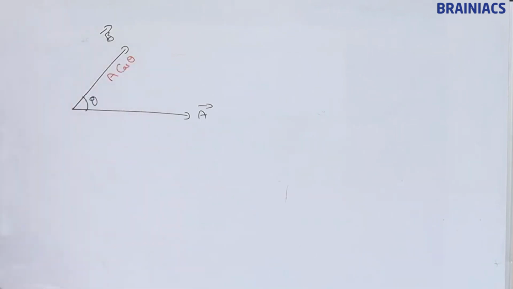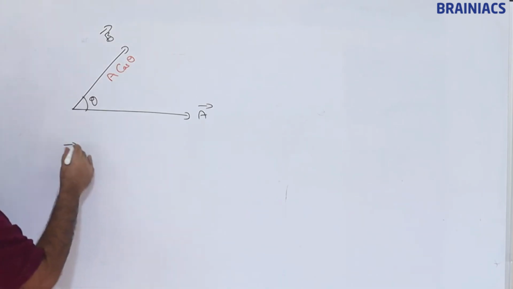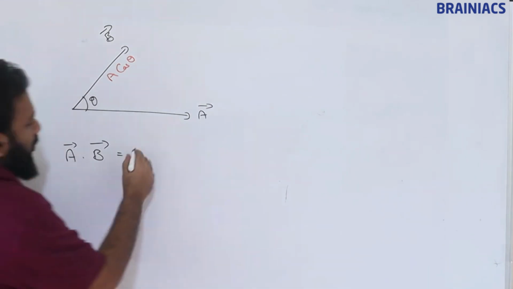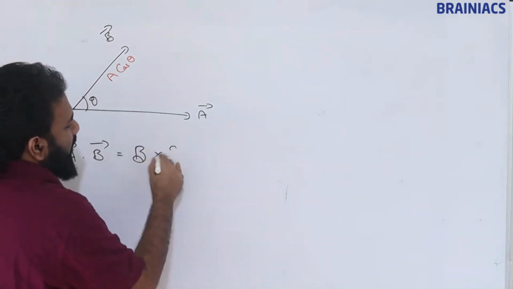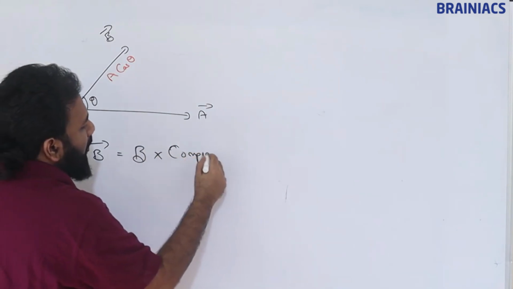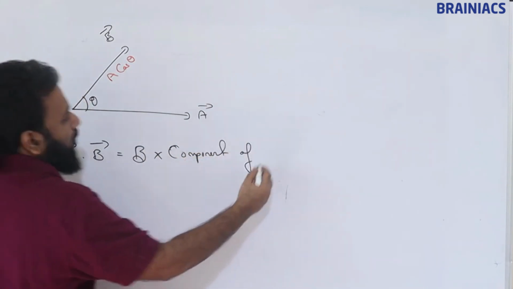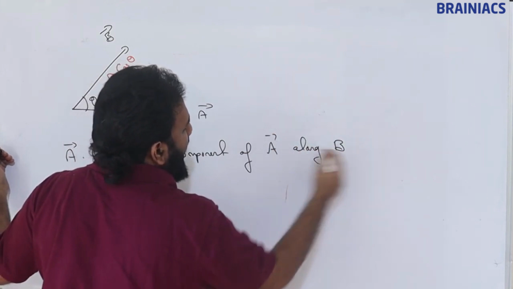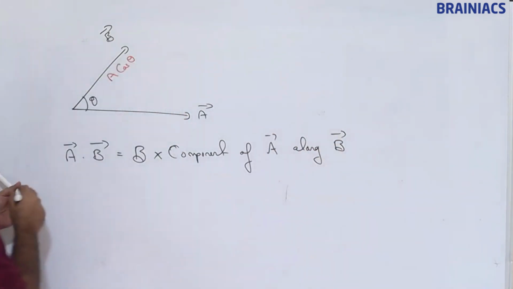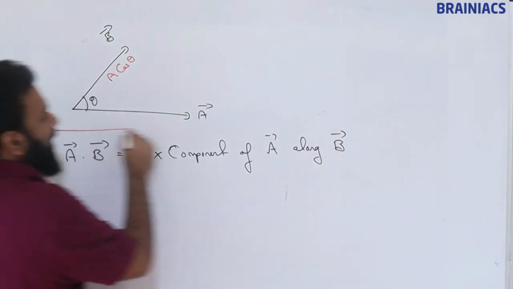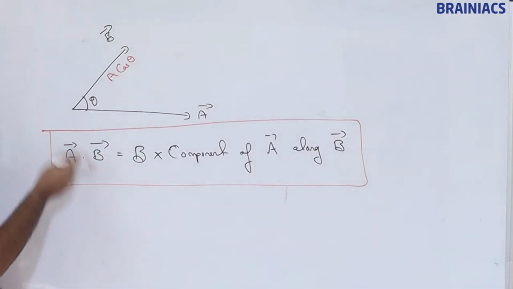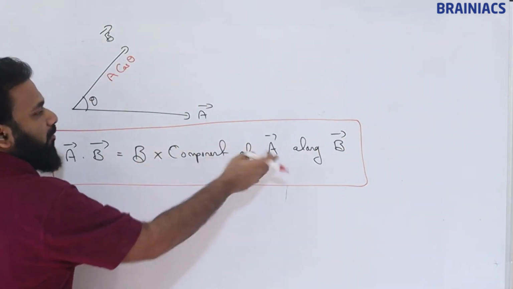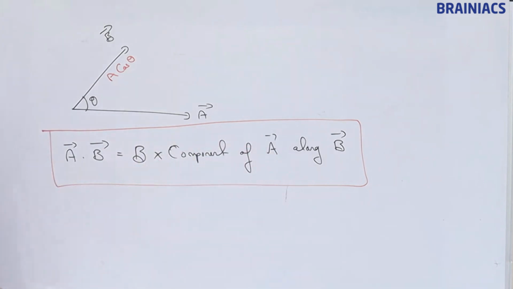So if we take vector A dot vector B, we can also write it as B times the component of vector A along vector B. This is also fine. So A dot B can be A times the component of B along A, or B times the component of A along B. Both are fine. Note it down.